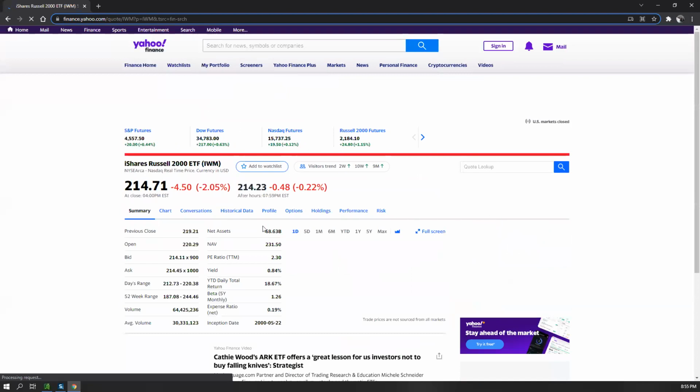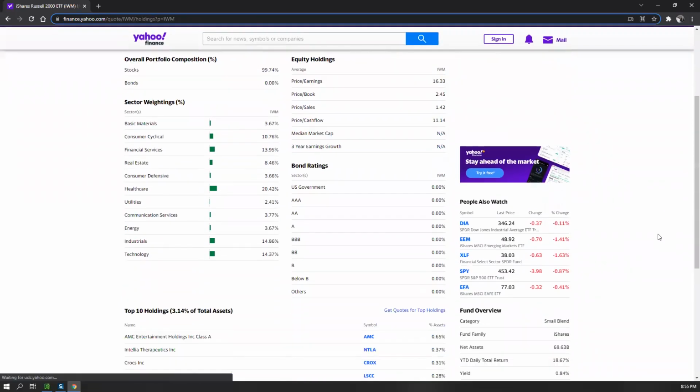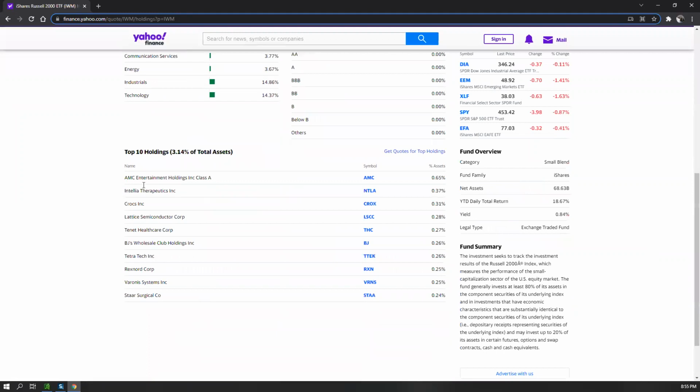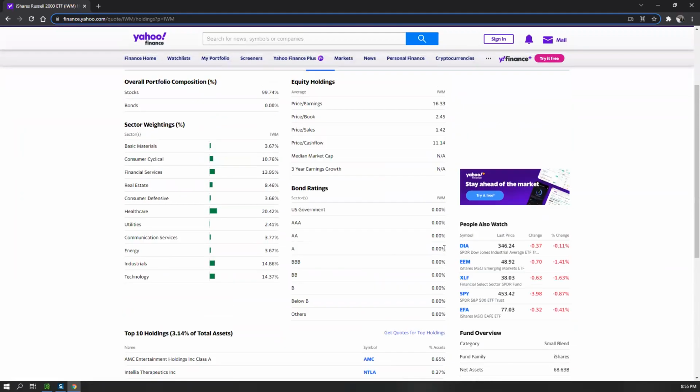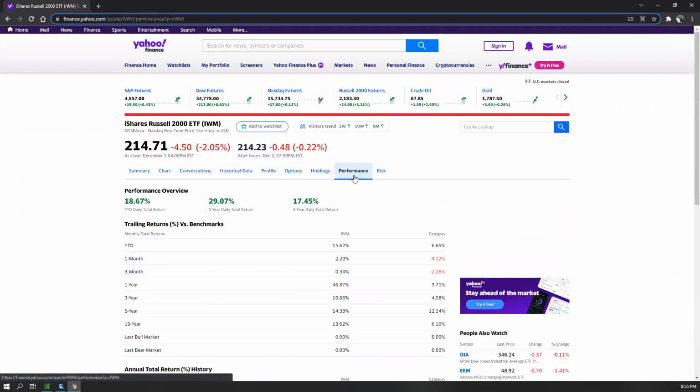And then go to the holdings here. And you should see at the bottom how much it holds, the top holdings here. And I think you should see the performance also of these indices.